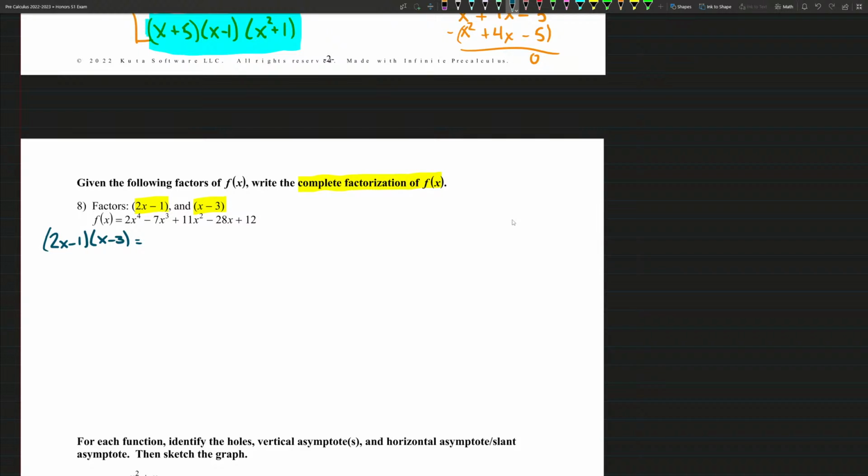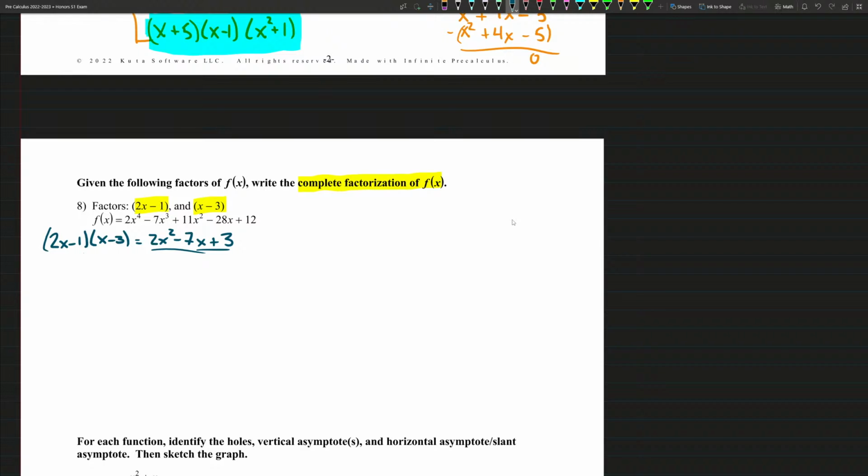When we do that, we get 2x squared minus 6x minus x. So we get minus 7x plus 3. Okay, so these two things are factors of that polynomial. Therefore, this thing is a factor of the polynomial, which means it divides evenly into the polynomial that we're given.